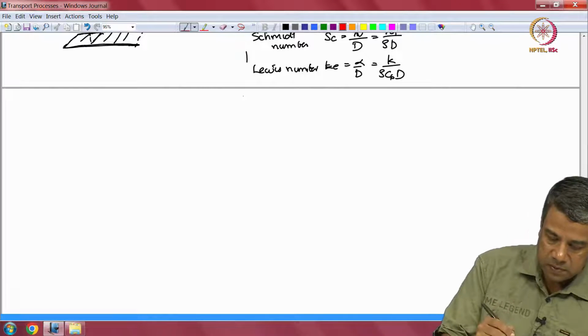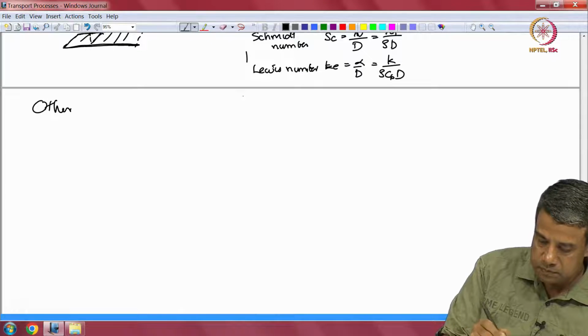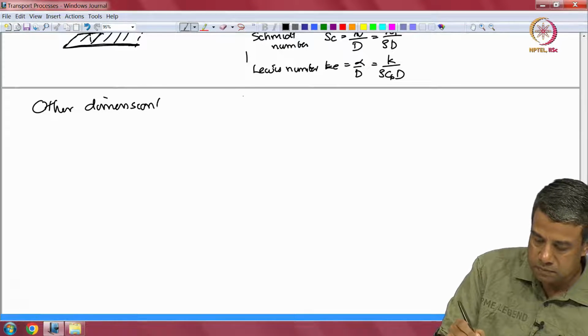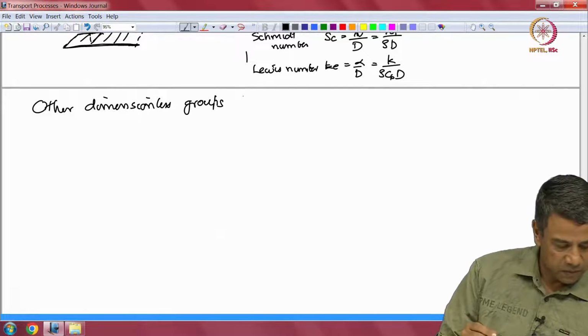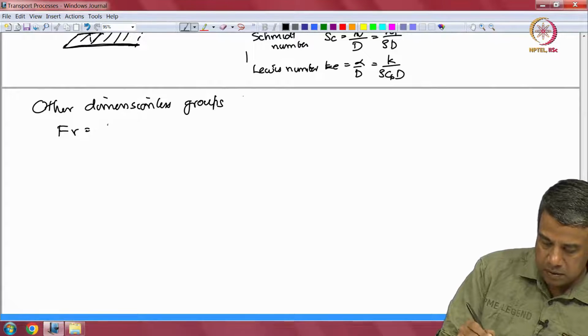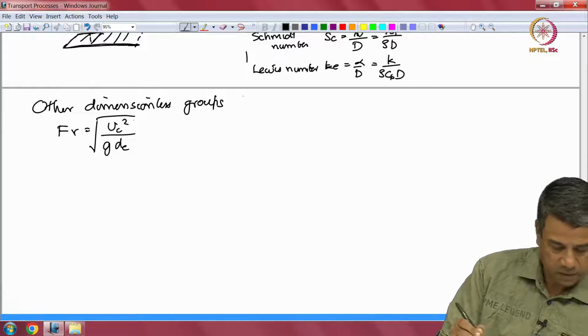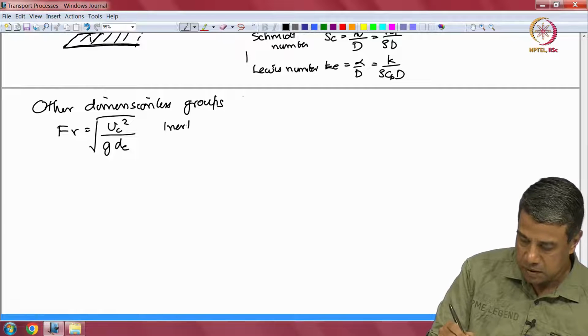Other dimensionless groups include, for example, the Froude number, Vc square by g times the equivalent diameter, the square root of that, which is the ratio of inertia by gravitational forces.